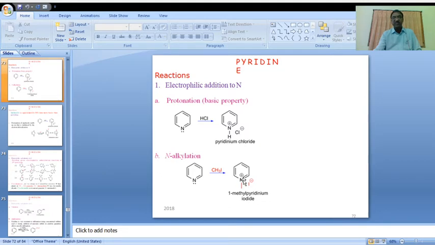In the first position, on the heteroatom, there is a methyl group attached to nitrogen, hence 1-methyl. Because of the positive charge we are calling it pyridinium iodide. Is it clear? This is about the N-alkylation reaction.